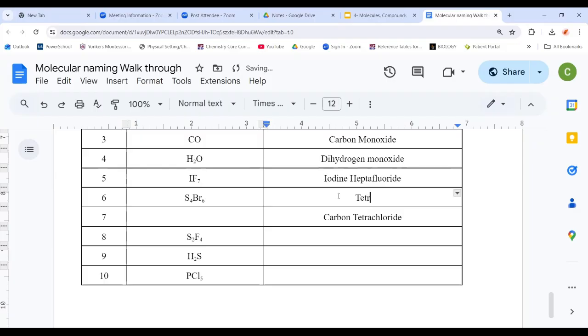S4 is tetrasulfur. And Br6 is hexa. And then because this is the second one, I'm going to change the ending to ide. So this is hexabromide. Carbon tetrachloride is carbon. And then tetrachloride, C lowercase l is chlorine. And then I have 4 of them.